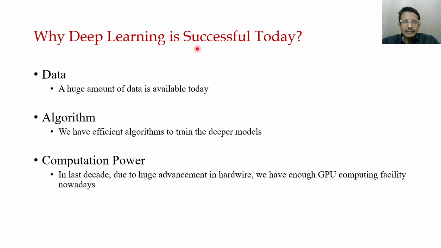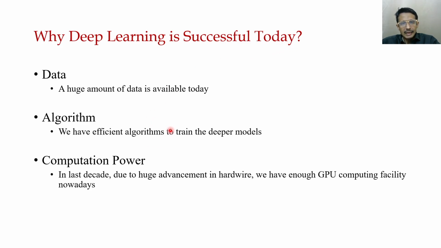So now what we understand here in this deep learning paradigm, why it is successful. Nowadays a huge amount of data is available to us, and even if it is costly, some data can be annotated. So data availability is one of the major reasons why deep learning is so successful today.